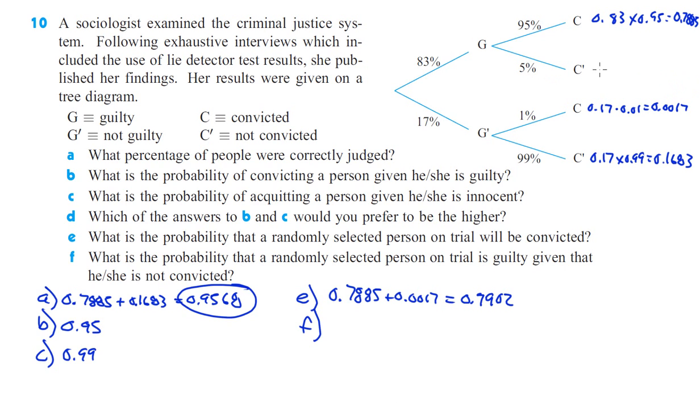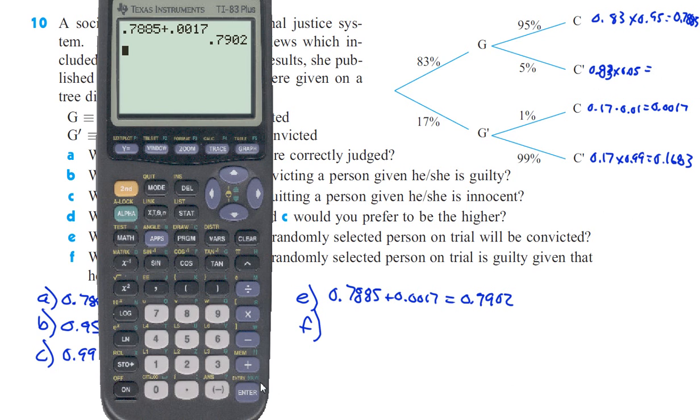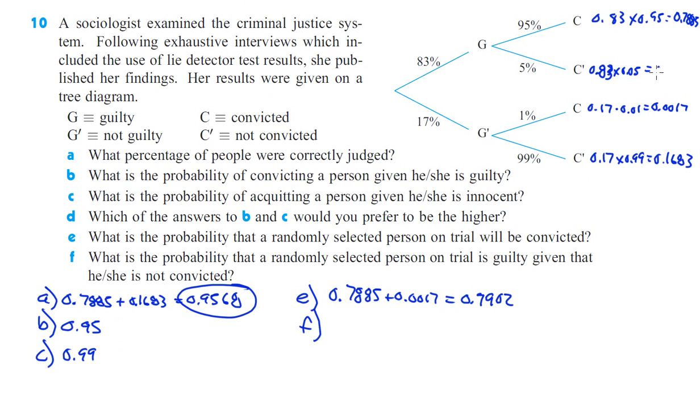So given that they're not convicted, we got to figure out the two not convicteds and then figure out which one of those is guilty, right? So we have to figure out what this is here. So this is 0.83 times 0.05. Okay, so we got 0.83 times 0.05 gives us 0.0415.